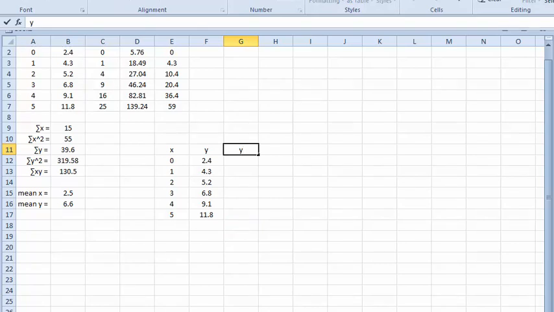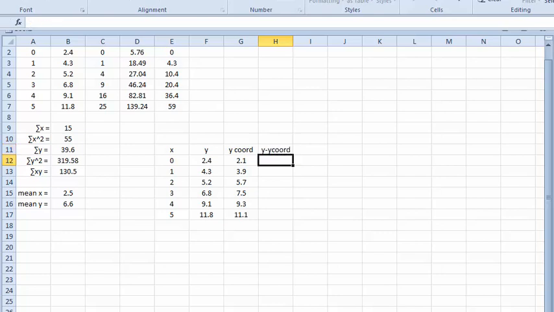So y coord, that's going to be 2.1 plus 1.8 times my x coordinate, and then let's copy all of those down. And then after that I'm going to need to find the difference between their y coordinate and my y coordinate.